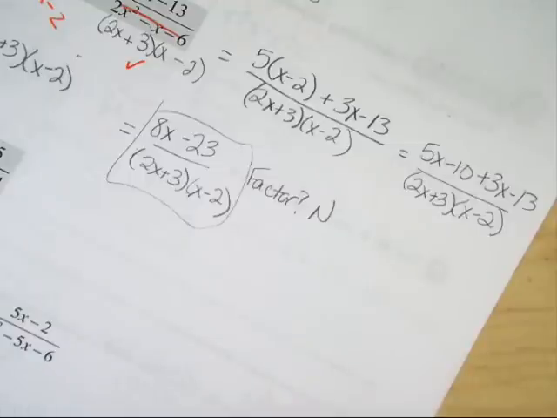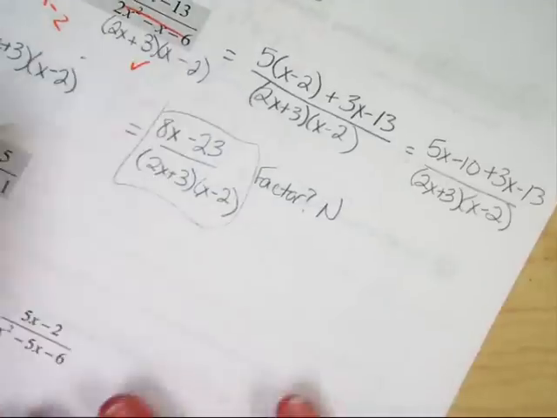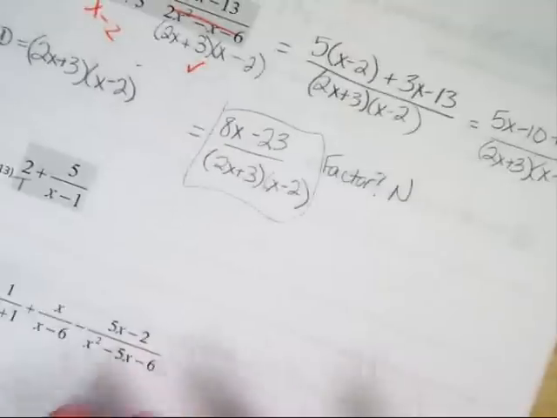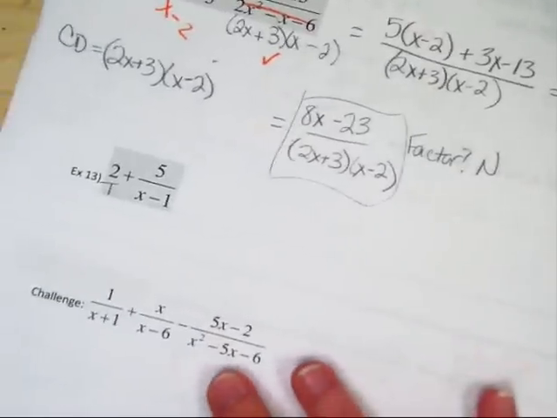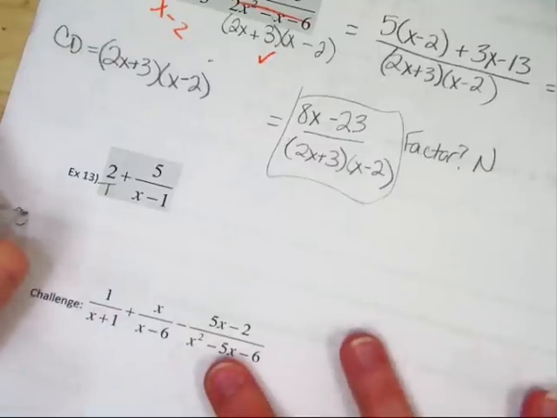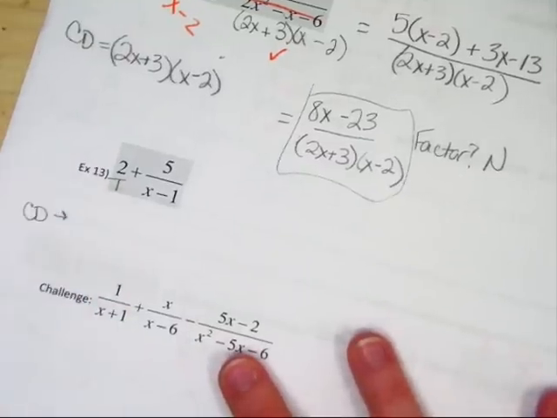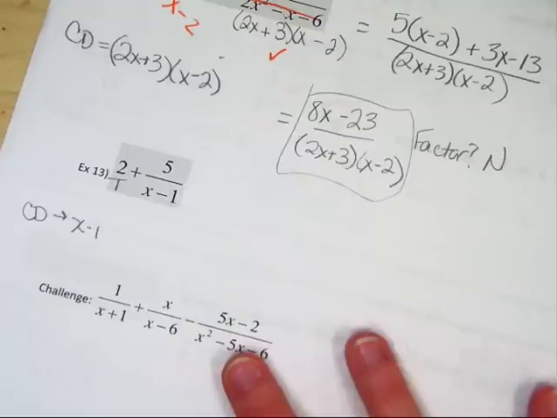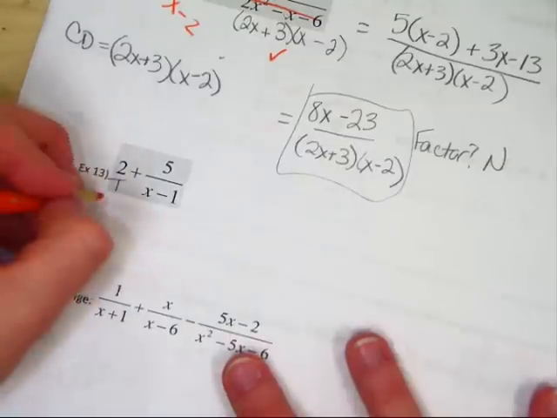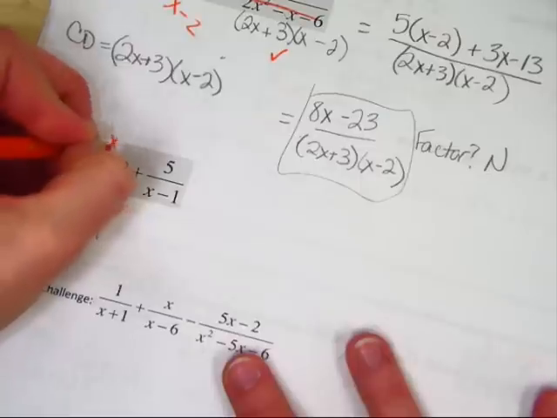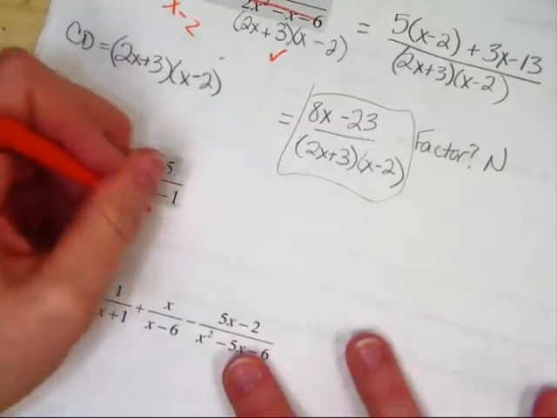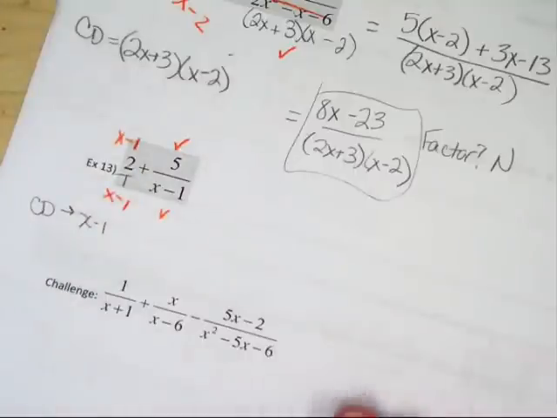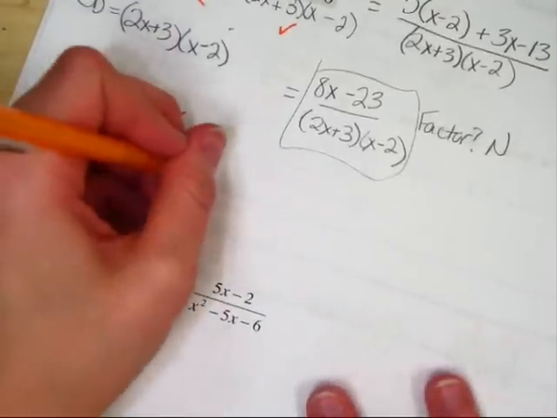We're going to do example 13, and then we're going to stop, and I'm going to want you to try the challenge problem on your own. This 2 is technically over a 1, so when I get my common denominator, I don't really need a denominator for my first fraction, but I do need the x minus 1 for my second fraction. So this one is missing an x minus 1, so the top needs an x minus 1. This one has the x minus 1, so the 5 doesn't need anything.